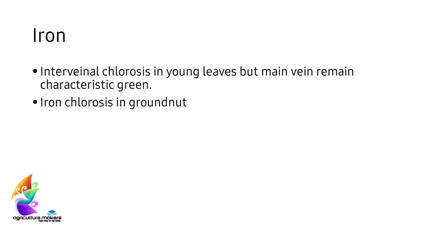Likewise, interveinal chlorosis in young leaves is caused by iron. Even though in this interveinal chlorosis, the main vein remains characteristically green in color. Remember, the main vein is green in color, and in particular, iron chlorosis in groundnut is due to deficiency of iron.